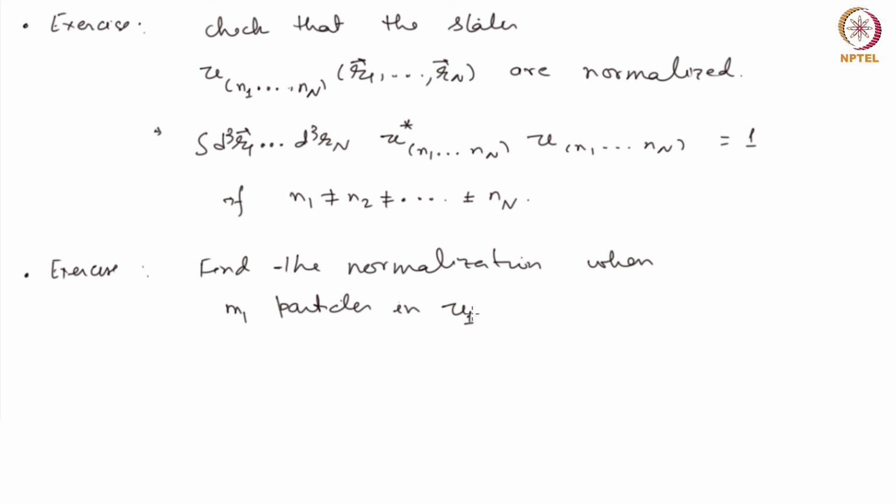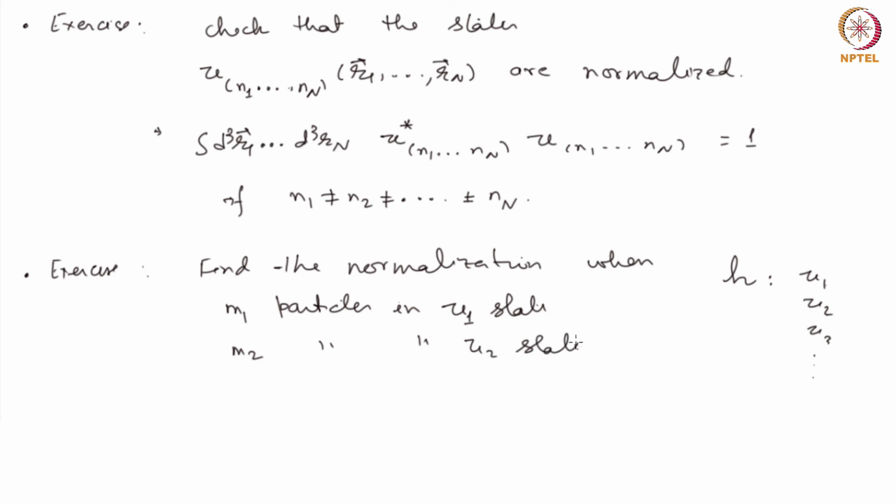The small h has states u1, u2, u3 and so forth. The n1, n2, n3 take values 1, 2, 3 like this. So now we are specifying that you have m1 particles in the u1 state, and you have m2 particles in the u2 state and so forth.